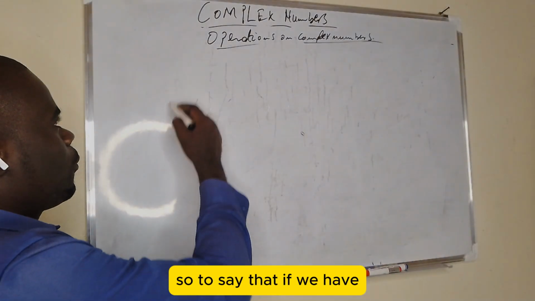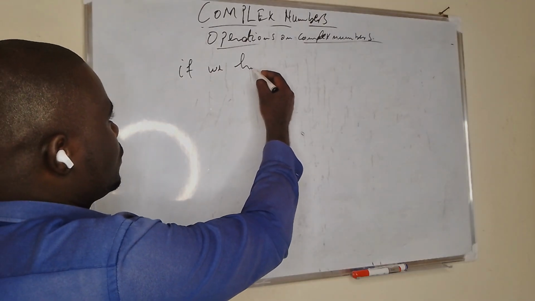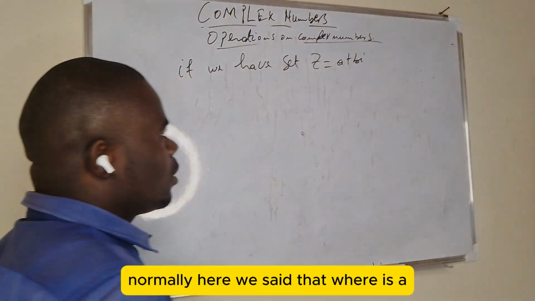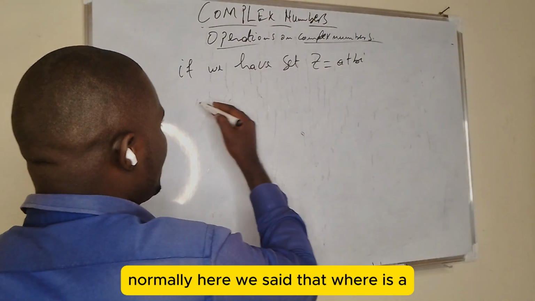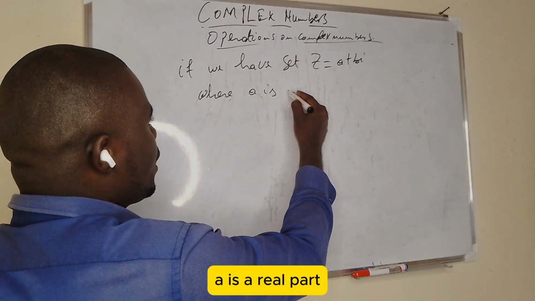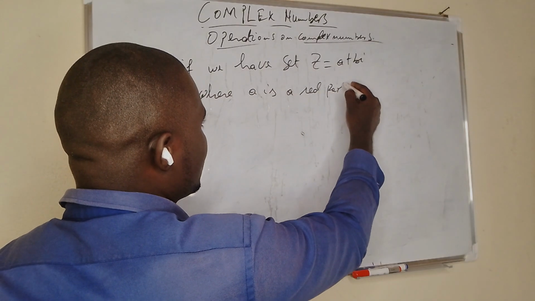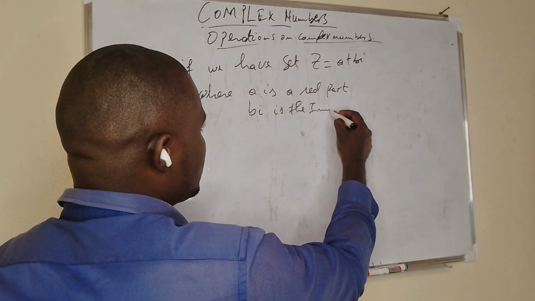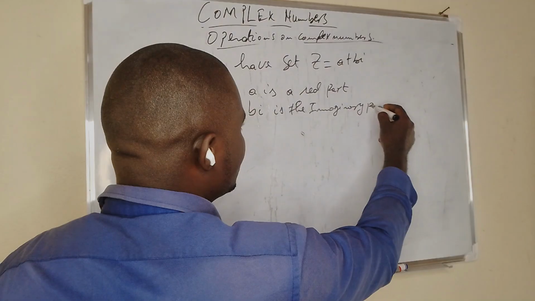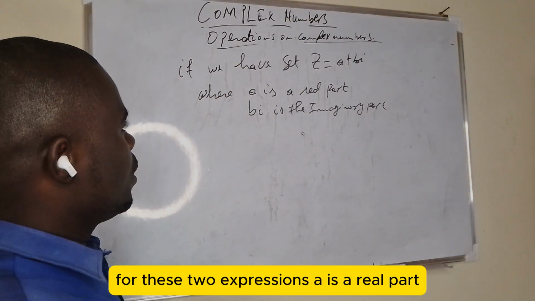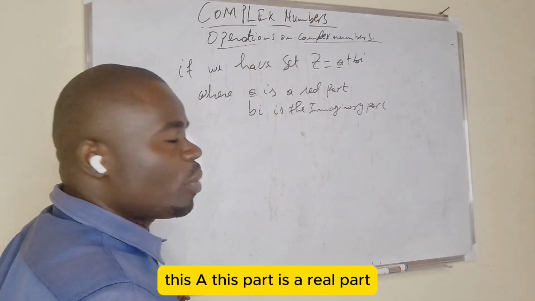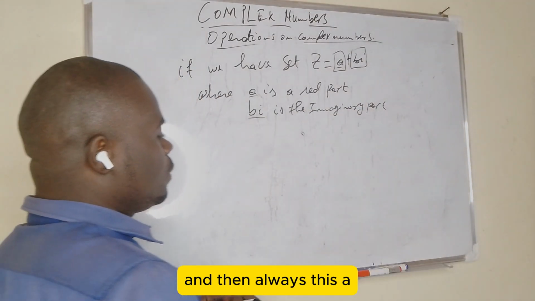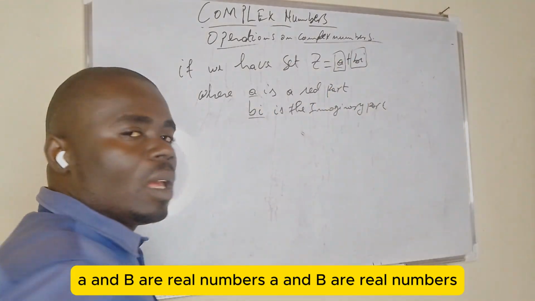So we say that if we have a set Z, which is equal to A plus BI, where A is the real part and BI is the imaginary part, then A and B are always real numbers.